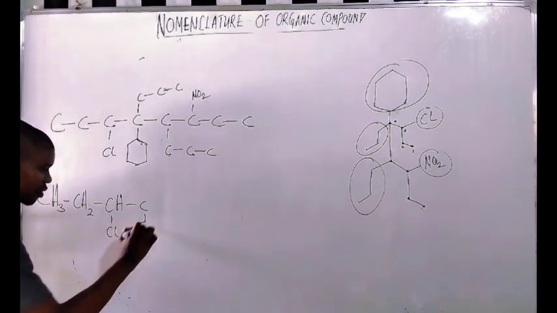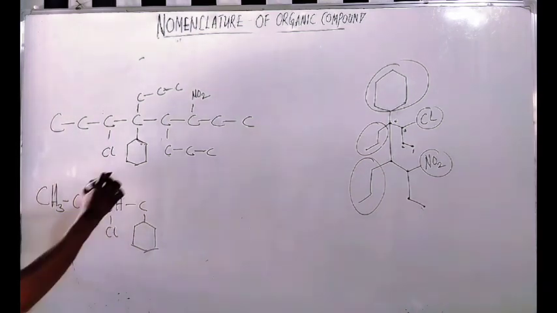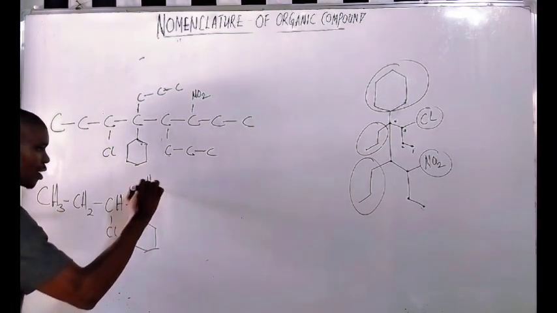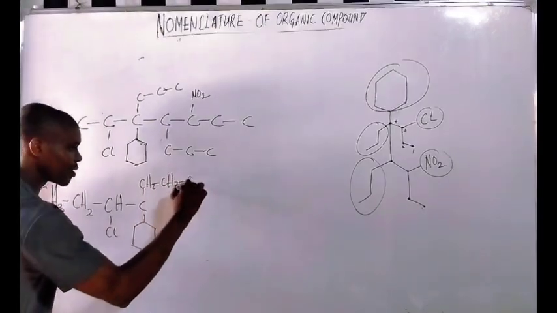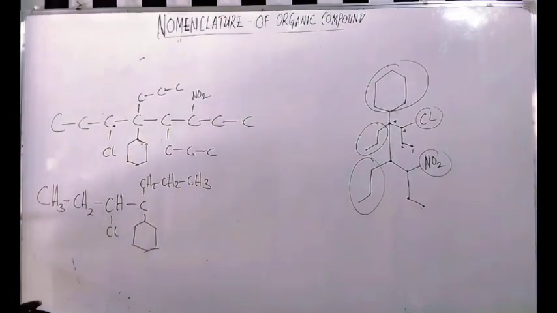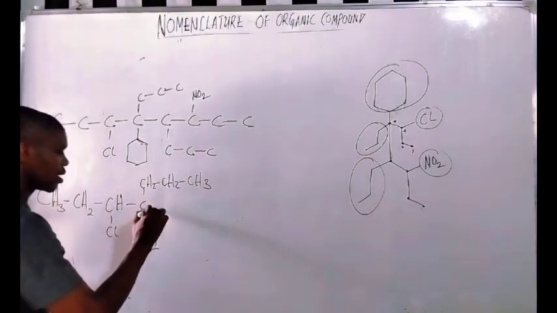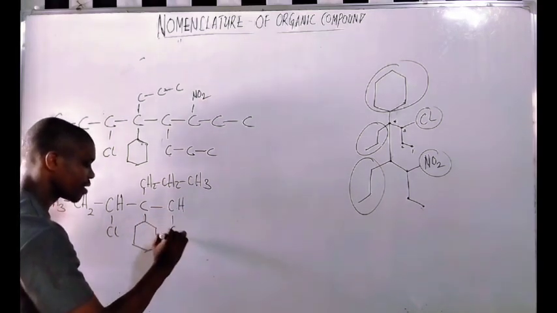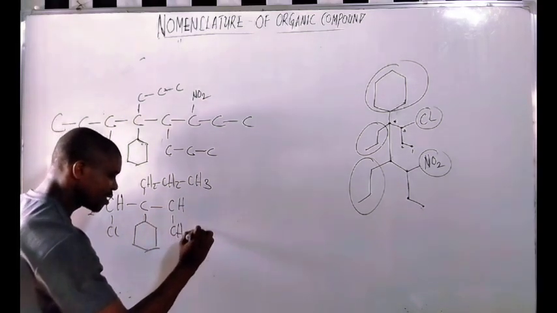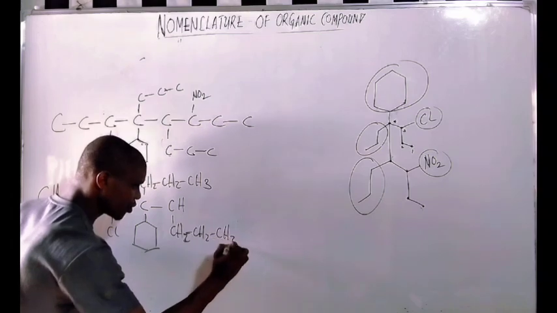Then you have this cyclohexane. The remainder is going to be CH2, CH2, and CH3. Understand this here? CH2, CH2, and CH3, right? So you have this other one here: CH2, CH2, and CH2, right?